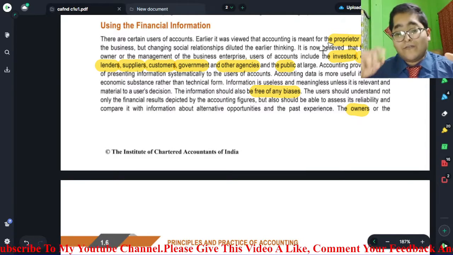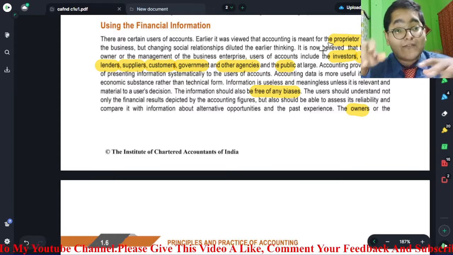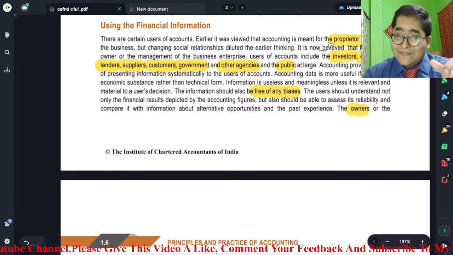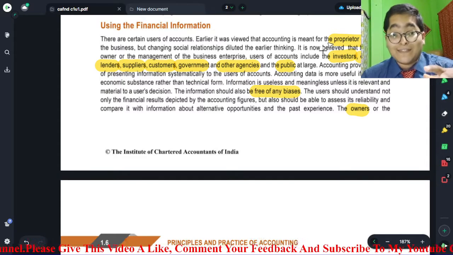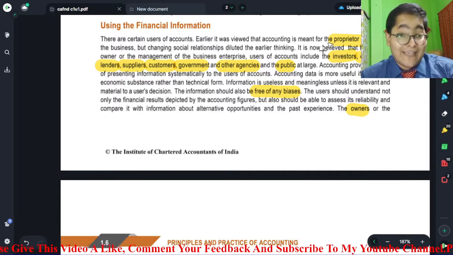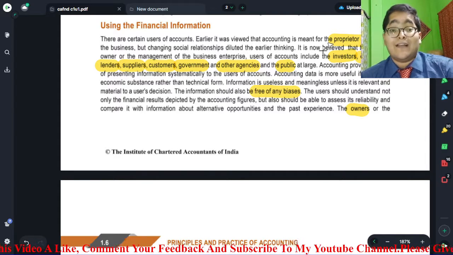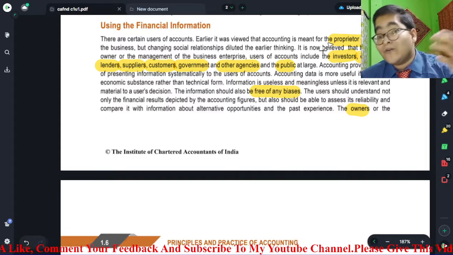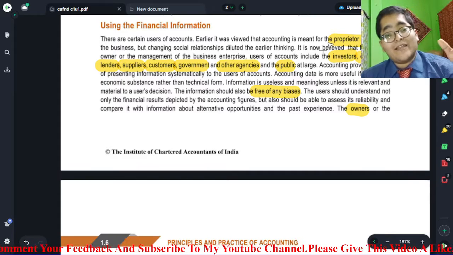The proprietor or owner would use the financial information to analyze and interpret his business, to see whether he's incurring losses or whether he's able to earn a profit.